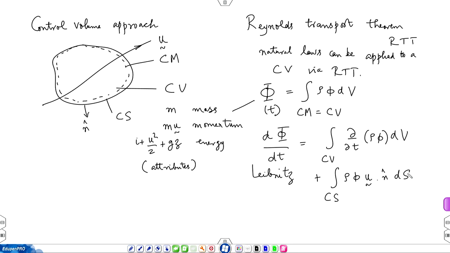So, I will request you to read up the 1D form of Leibniz rule. Let us say you have an integral of the form, okay, depending on the book you read, the symbols may vary.